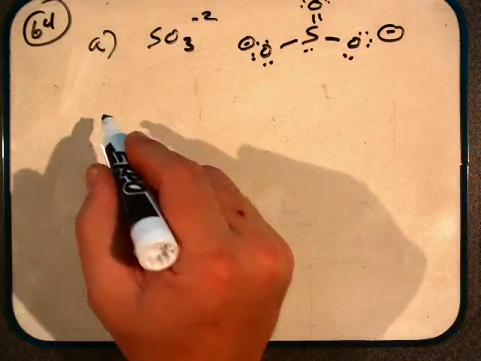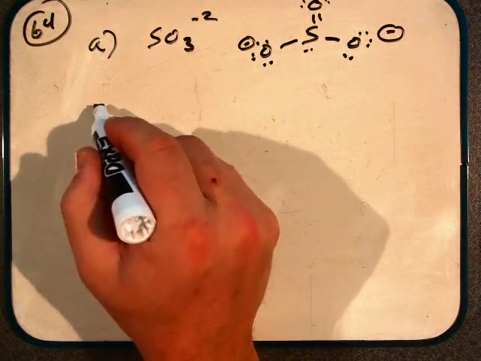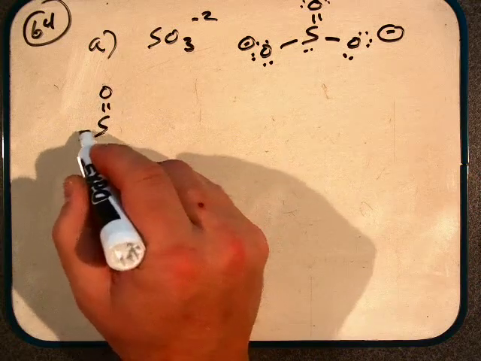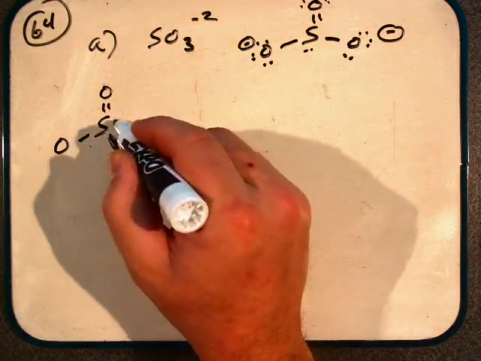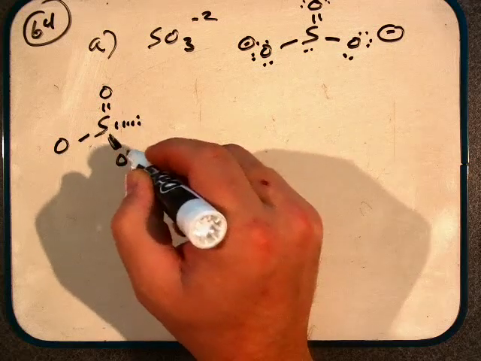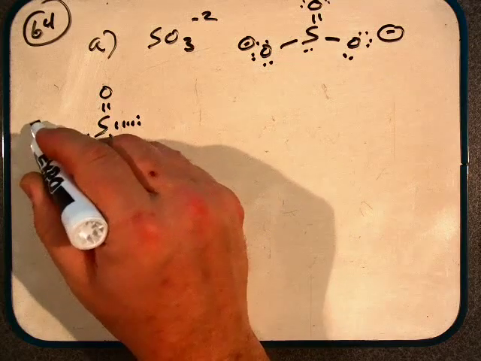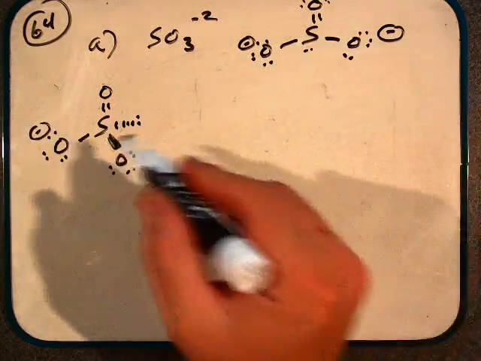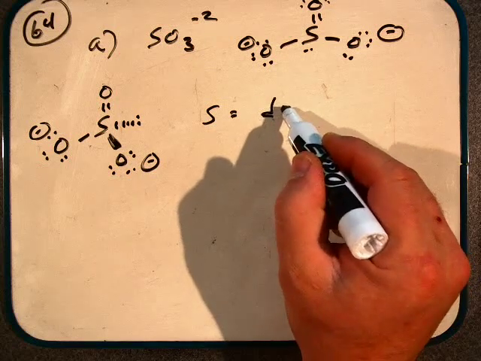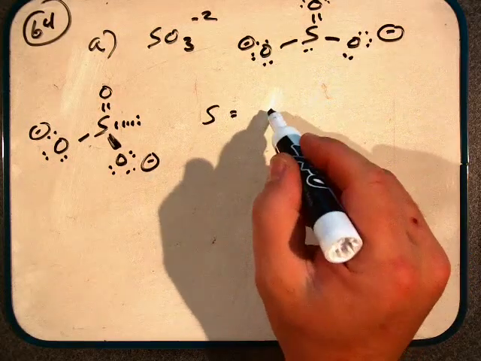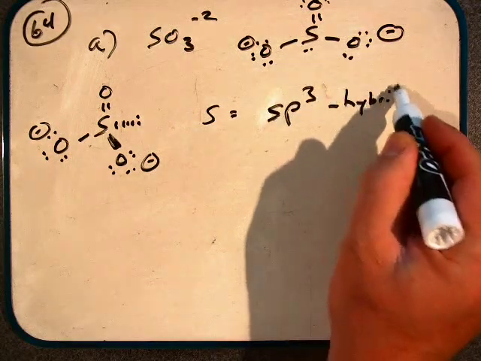If we look at that sulfur element, we see that it has four groups about it. So this would be a tetrahedral electronic geometry. And that sulfur would be sp3 hybridized.